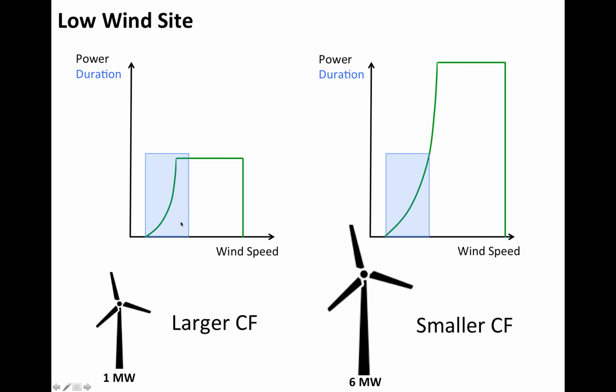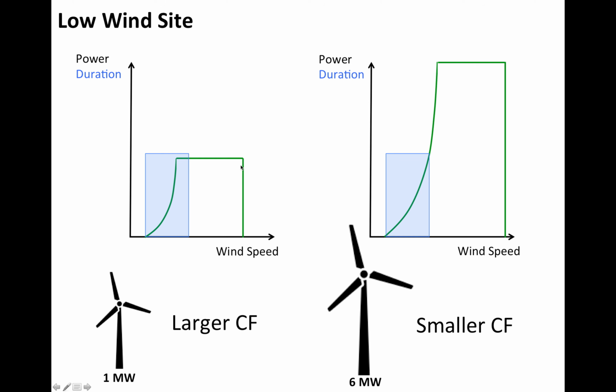This large wind turbine certainly has a much higher rated power than the small wind turbine. So the denominator in the capacity factor of the large wind turbine is much larger than that for the small wind turbine.